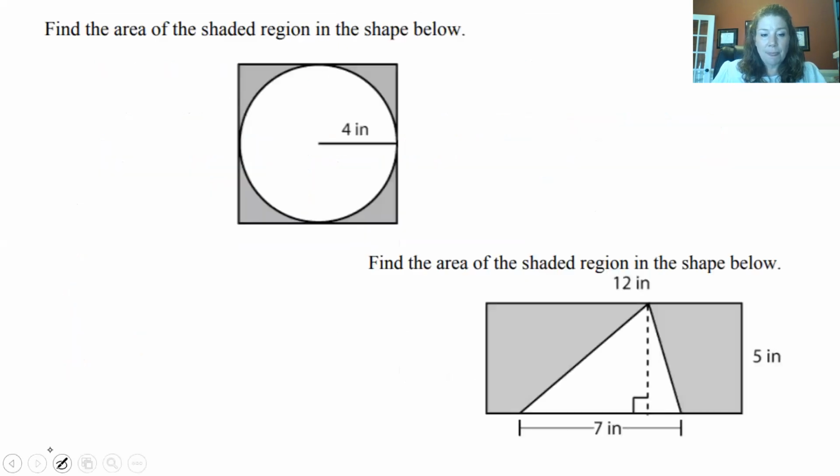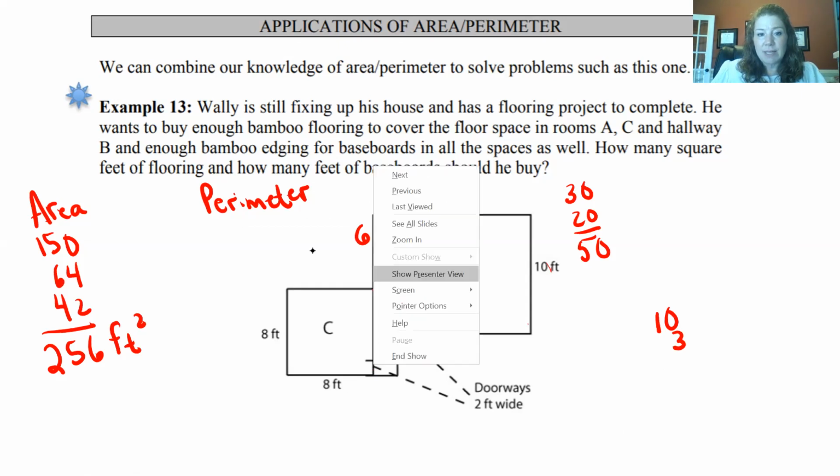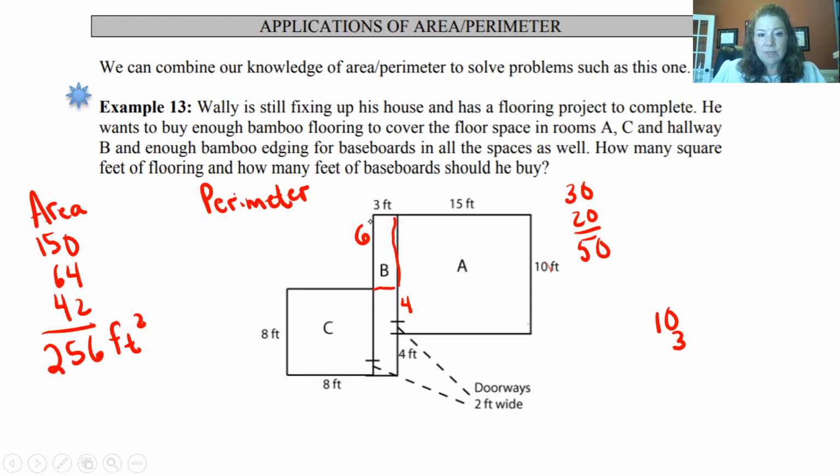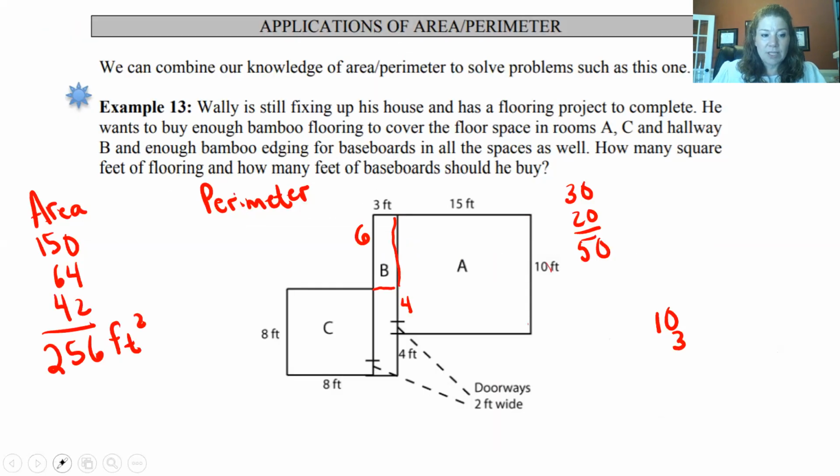So 6 plus 8, but we're subtracting away this door frame, so it's going to be 6 plus 6. So 6 plus 6 is 12.